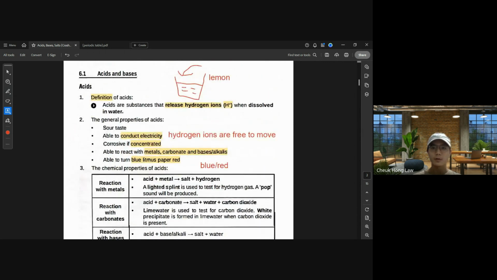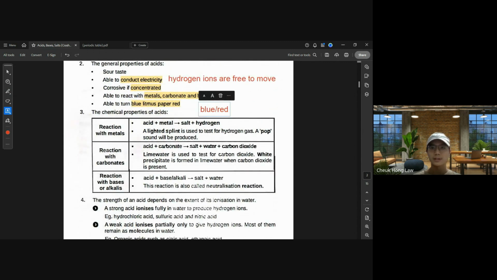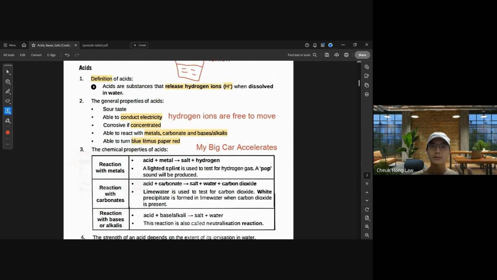I use this acronym to remember the reactions. If you already have something to remember, then you can ignore this, but if you don't, then I highly recommend this. So: my big car accelerates. If we focus on the first 3 words, my big car, M, B, and C: M is metal, B is base, and C is carbonate.